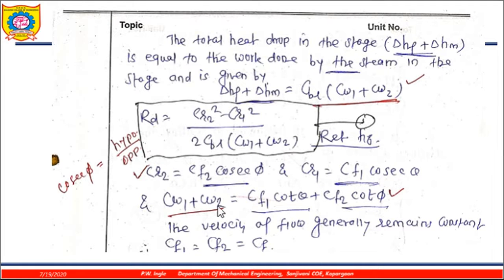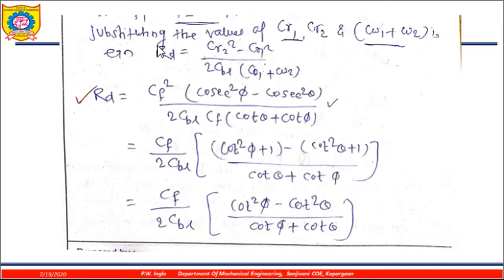Cw1 plus Cw2 is Cf1 cot theta plus Cf2 cot phi. Refer to the velocity triangle and you will understand it. The velocity of flow generally remains constant, so Cf1 equals Cf2 equals Cf. Substituting the values of Cr1, Cr2 and Cw1 plus Cw2, you can write the degree of reaction as Cf squared, because Cf1 equals Cf2, times (cosec squared phi minus cosec squared theta) upon twice Cb Cf (cot theta plus cot phi).